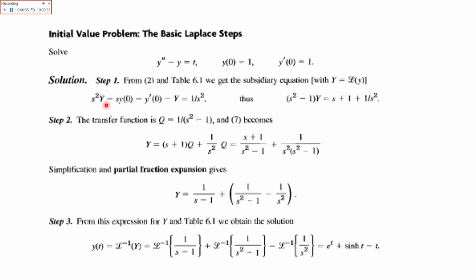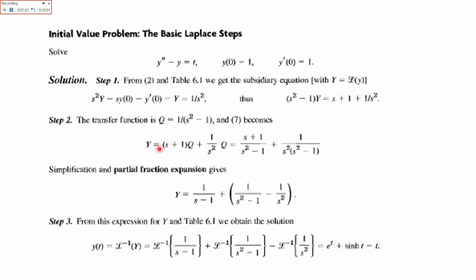Now we'll combine the y terms: s square minus 1 into y, and on this side we have s plus 1 plus 1 over s square. 1 over s square minus 1 would be the transfer function. As we have to divide this on this side, we'll equate 1 over s square minus 1 equal to q.